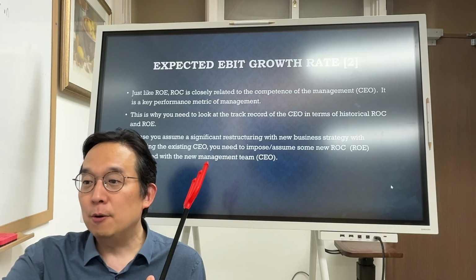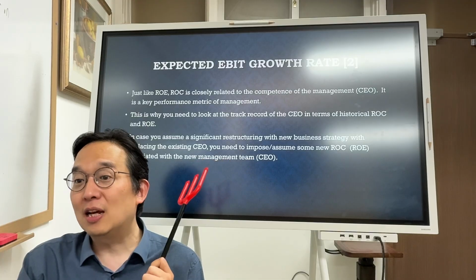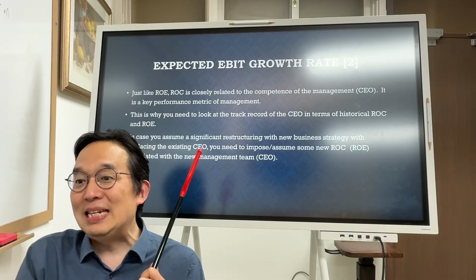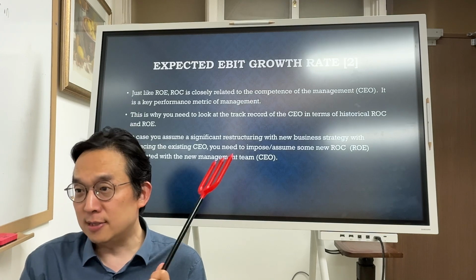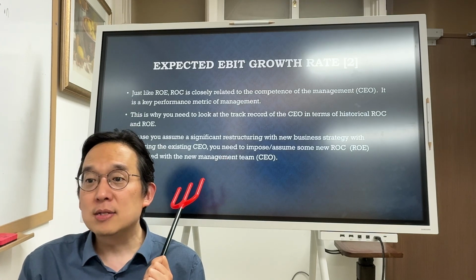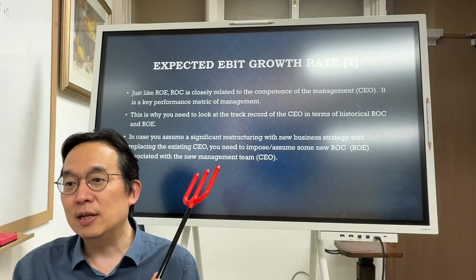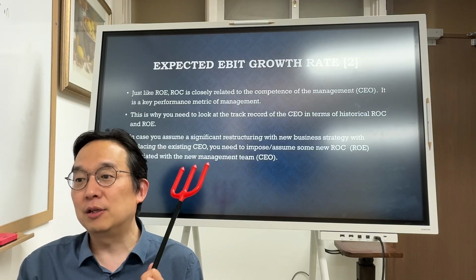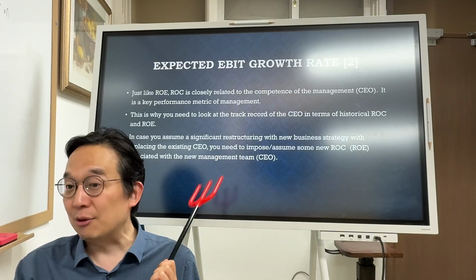Now, expected EBIT growth rate. Just like ROE, ROC is closely related to the competence of the management, the CEO. It is a key performance metric of management, and this is why you need to look at the track record of the CEO in terms of historical ROC and ROE.